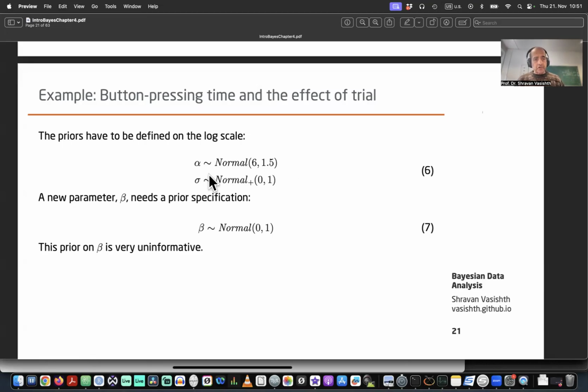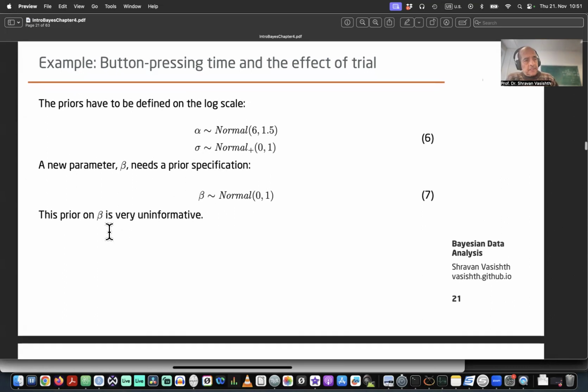Similarly for the sigma parameter, I have a truncated standard normal prior. Now, the interesting thing is, what kind of prior should we define for the beta parameter? Well, you could start with an uninformative normal 0, 1 prior.